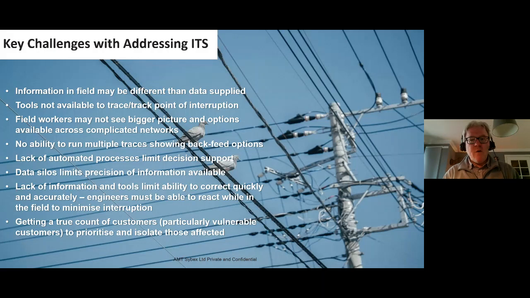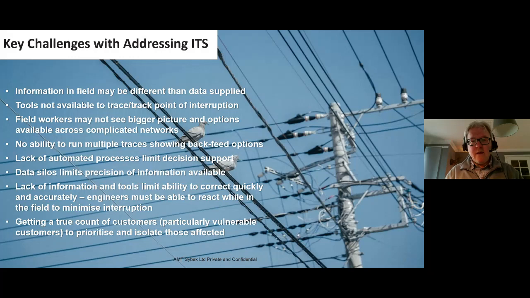And by allowing the field workers to trace in the field, they can see the bigger picture. They can see the network in the wider context to allow them to make the right choices in the field. And by making the right choices, they can reduce the number of customers that are affected and perhaps reduce the number of vulnerable customers who are affected.